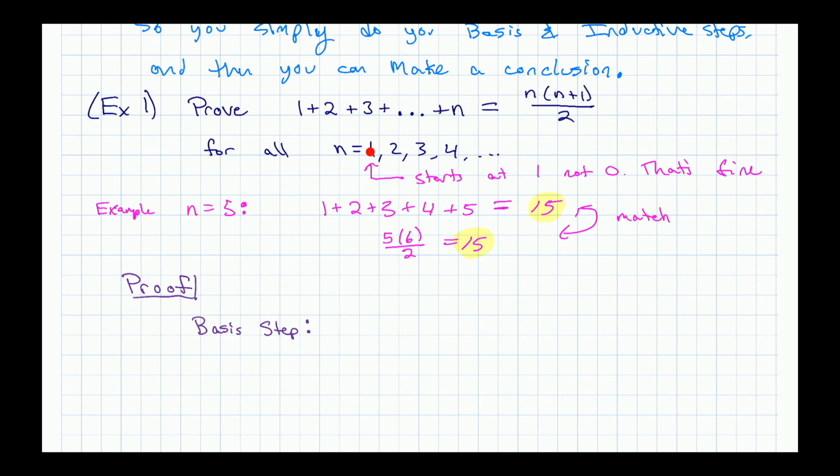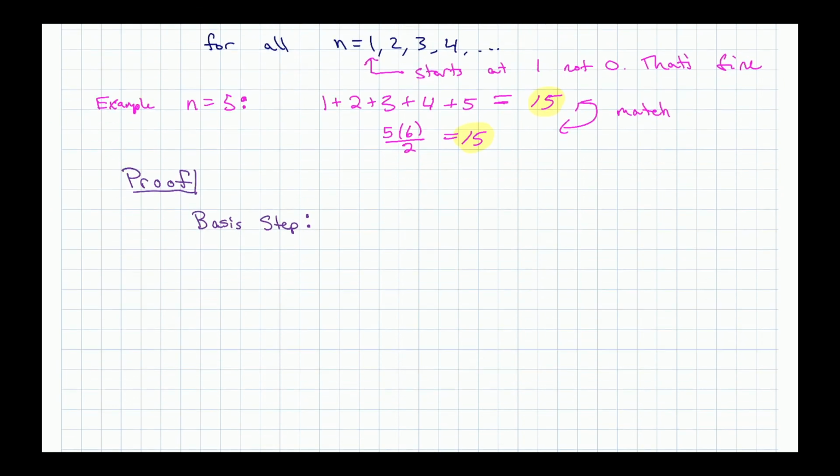So that means that I need to prove this property is true for n equals 1. So you don't have to write that, but that's what I'll write. So we need to show the property, whatever it is, for n equals 1.